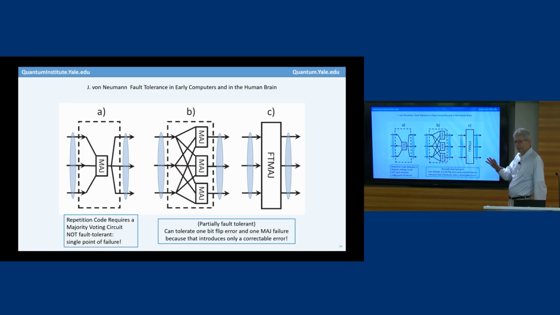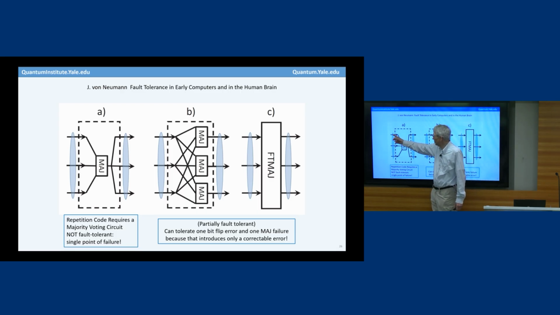Okay. So let's make this more concrete now. Here's my 3-bit repetition code. And I said, we just do majority voting. No problem. It fixes most of the errors. Well, how do you do majority voting? You got some kind of little computer widget, circuit widget, which I'll just call MADGE, that compares the 3 and outputs whatever the majority number is, 0 or 1. Okay? Well, that's not fault tolerant.